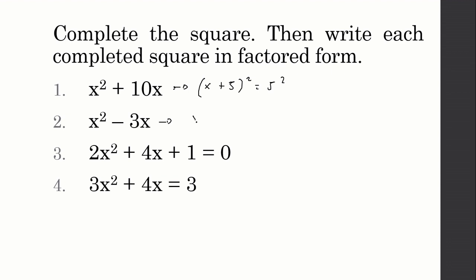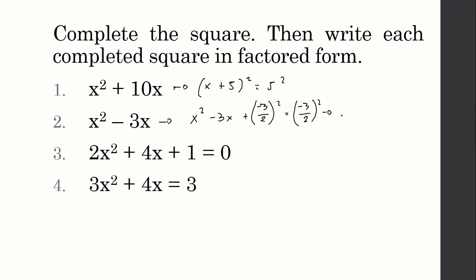Next one, x squared minus 3x plus negative 3 over 2 squared equals to negative 3 over 2 still squared.